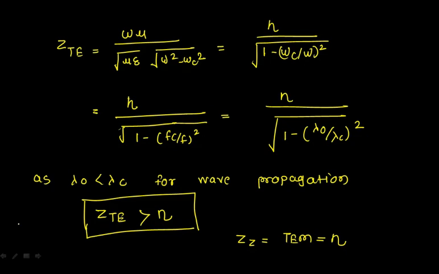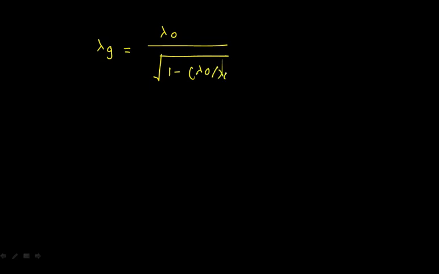Now, a very important characteristic which I want to tell you right now is that if you have air as a dielectric, then the guide wavelength, denoted by lambda g, is equal to lambda 0 divided by square root of 1 minus lambda 0 by lambda c, whole square. This is true when your dielectric is air.